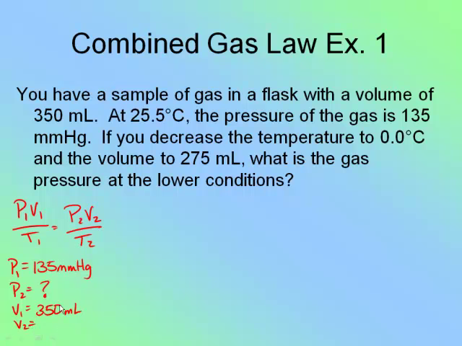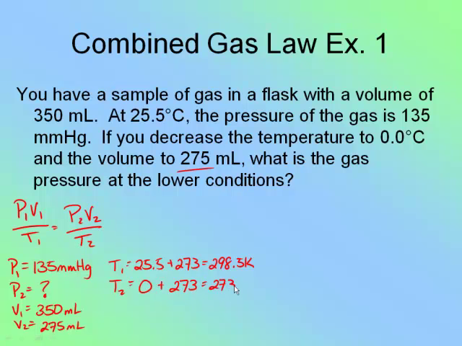V2 is going to be 275. T1 is 25.5 plus 273, which is 298.5 Kelvin. And T2 is 0 plus 273, is very obviously 273.